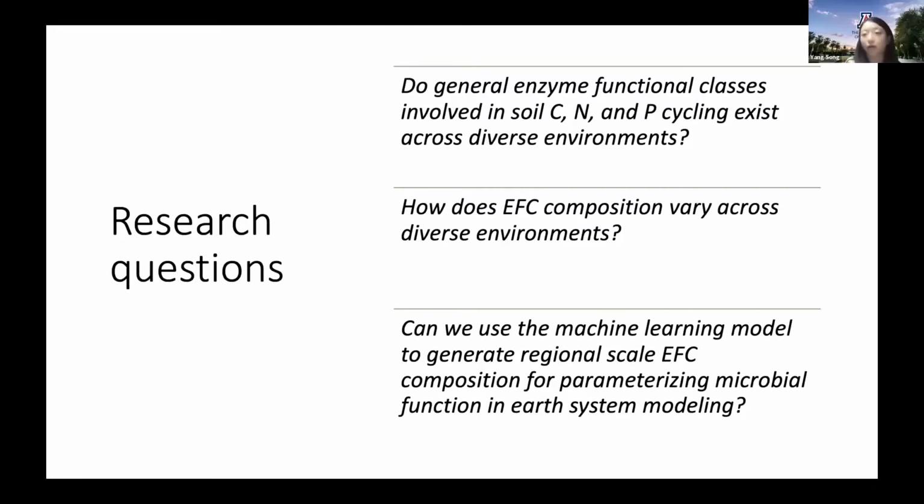Of course, omics data sampling is still very limited and does not cover a very diverse domain. So if we can use machine learning to predict the enzyme functional classes, that will help us utilize this information at a larger scale. Today, I will mainly introduce how we answer these three questions.